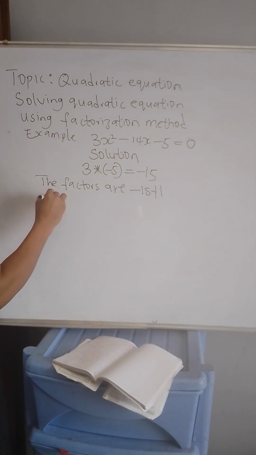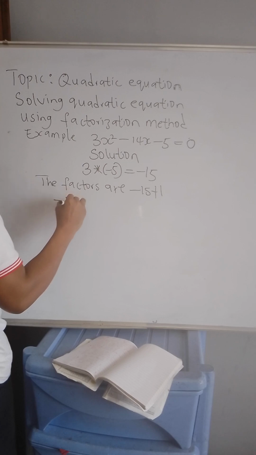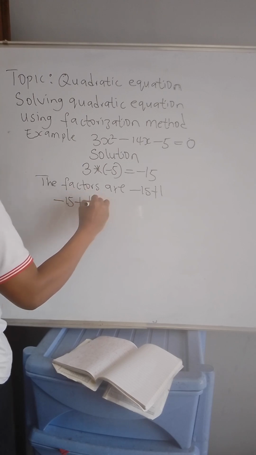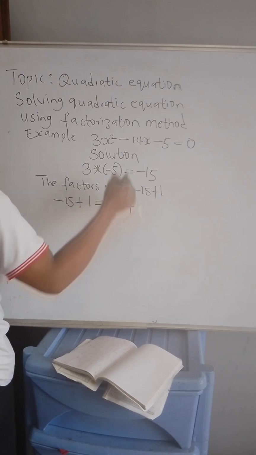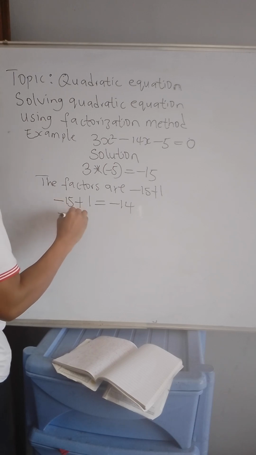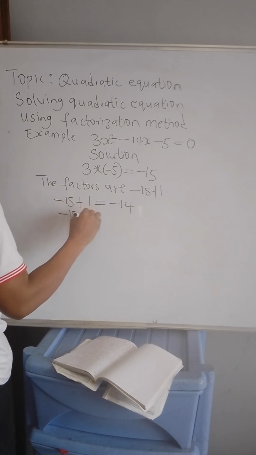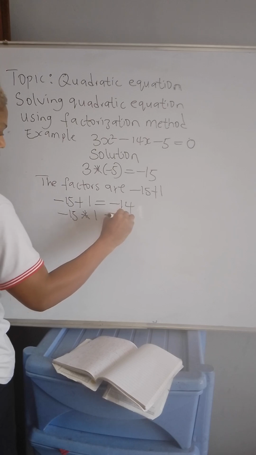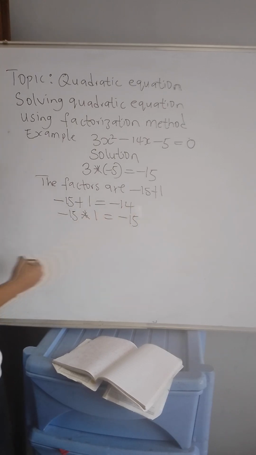Now let's check it. Minus 15 plus 1 will give us minus 14. And minus 15 times 1 will give us minus 15. So minus 15 and plus 1 are the two factors of minus 15. When you multiply they give minus 15, and when you add they give us minus 14.